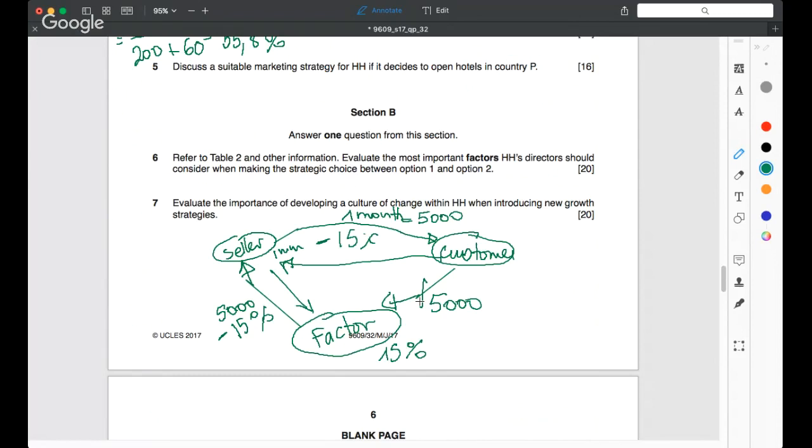This is debt factoring. And those 15% are taken from the profit, so basically there is no loss.